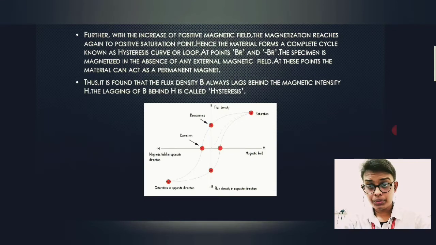At these points, the material can act as a permanent magnet. By this, we can say that the flux density B always lags behind H. The lagging of B behind H is called hysteresis.